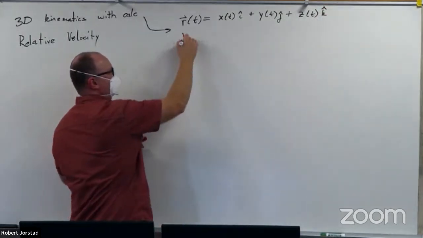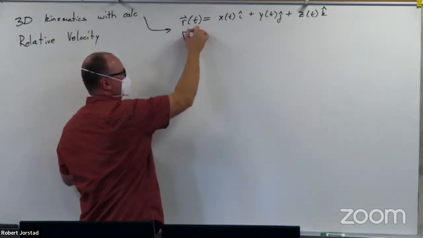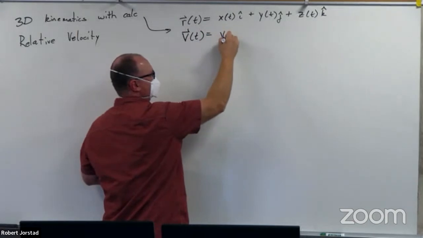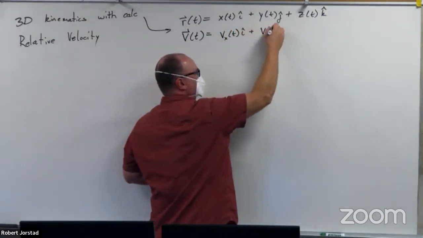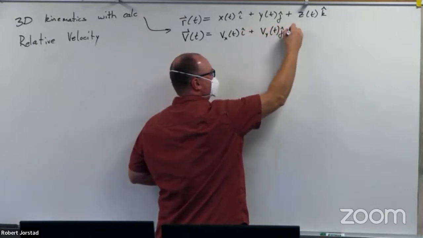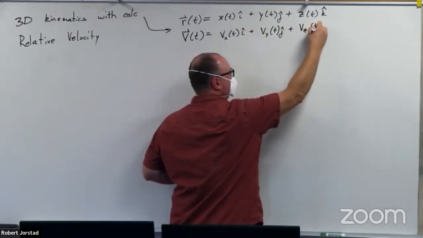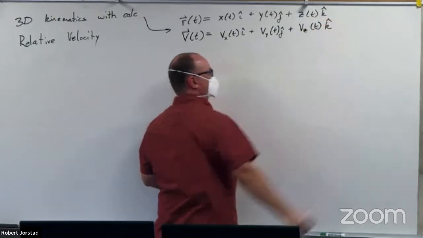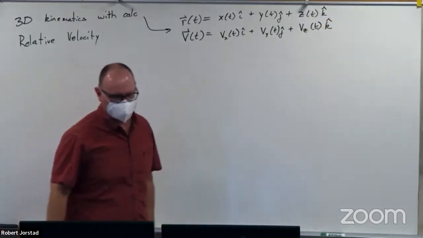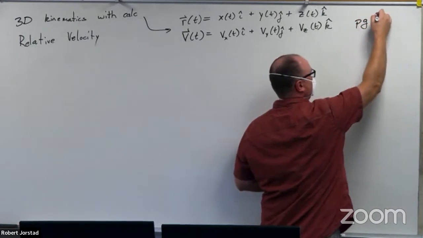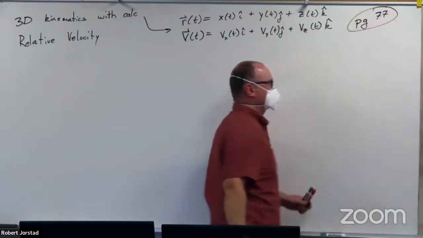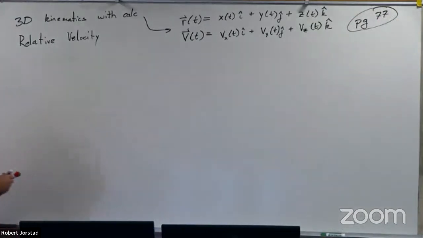Or similarly, you can have velocity as a function of time equal to velocity x as a function of time in the i hat. So those problems are on page 77, and you'll see some of them on the practice test. Probably should do both of those problems on page 77.